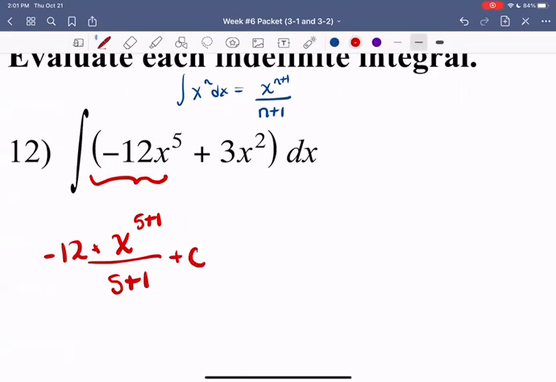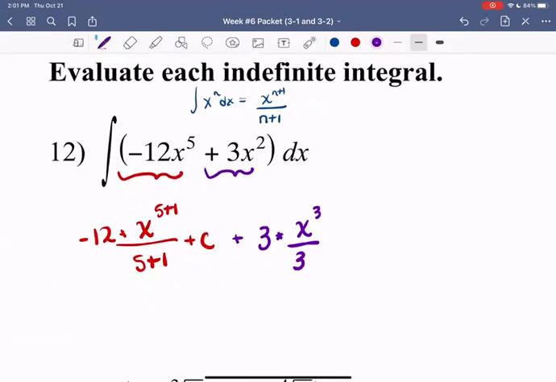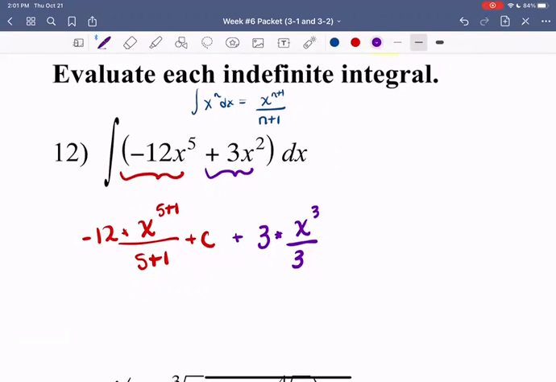Now we could say plus c here, but we still have another term to anti-differentiate. For this term, again, we'd use the power rule. We still have that 3 that we're multiplying by, and we have x to the 3 over 3. Recall, in this case, our power is 2, so we add 1 to the power and divide by the power plus 1.